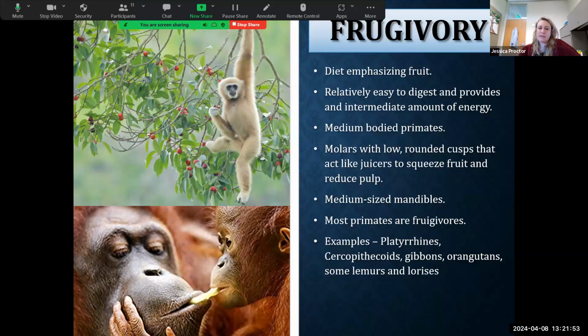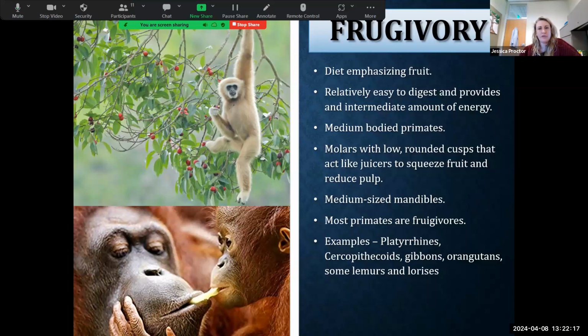This is the most common dietary strategy in primates; most primates have fruit as some portion of their diet. Some examples: most of the platyrrhines, or New World monkeys, cercopithecoids, gibbons, orangutans, and some lemurs and lorises will also consume fruit.